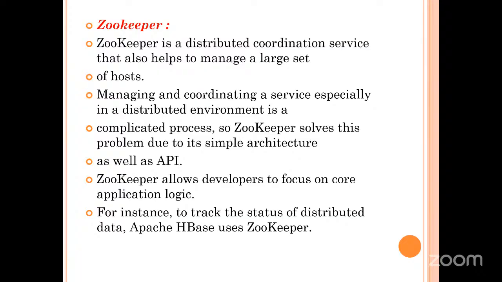Based on that application, it is going to interact between you and the system. Clear? So here the zookeeper provides you a distributed service. Clear? Because it has a simple architecture, it is going to provide you this service. Clear?